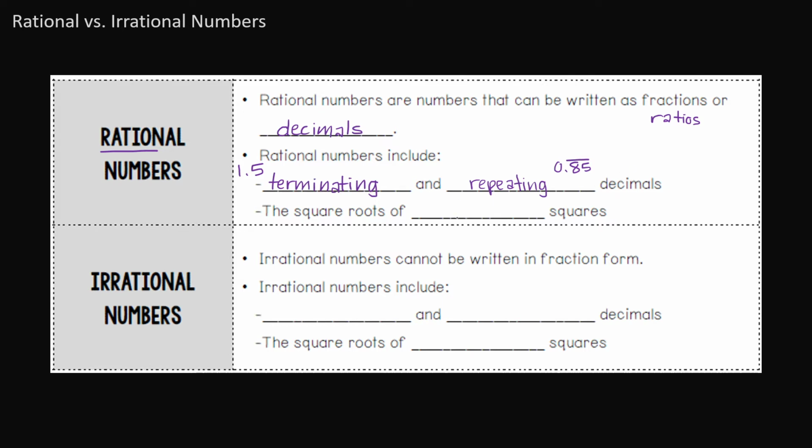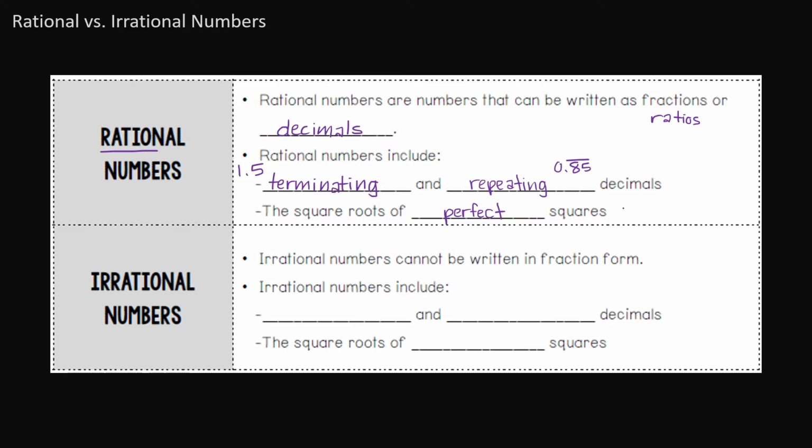Rational numbers also include the square roots of perfect squares. And in our last lesson, we talked about perfect squares, how those are whole numbers or integers that you can multiply by itself.